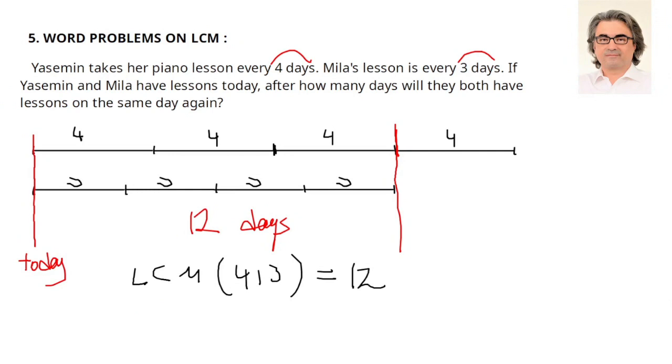Do we have another question? No. Now today's lesson is over. In today's lesson we learned how we may understand when to use the least common multiple when we read a word problem, if of course the word problem has this property.